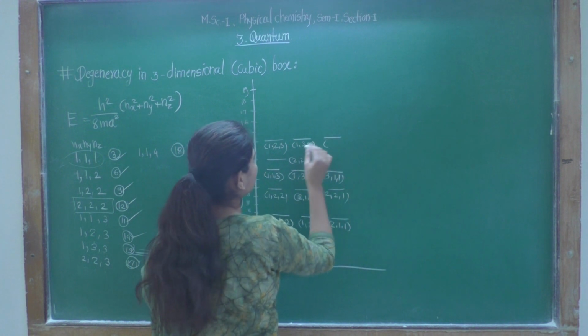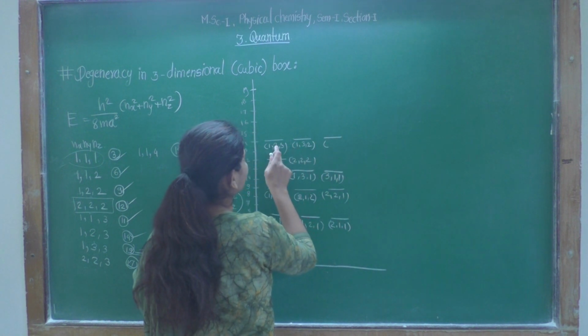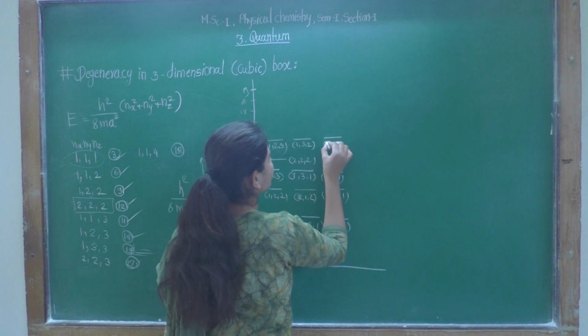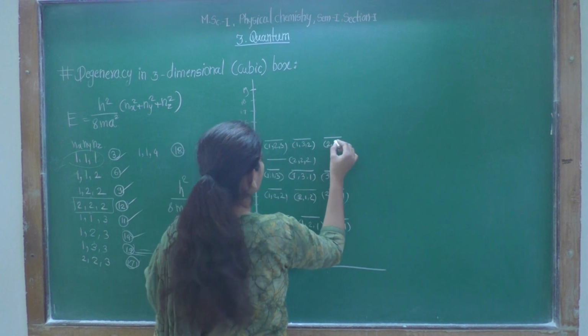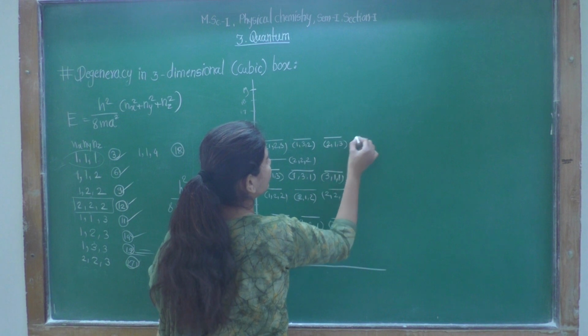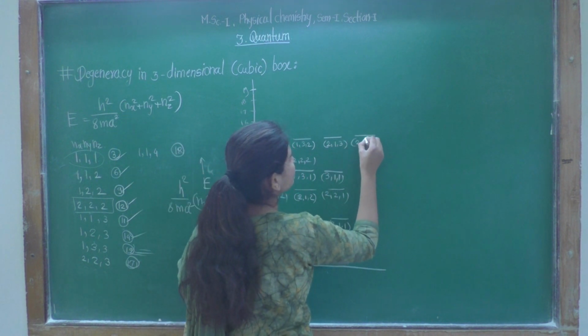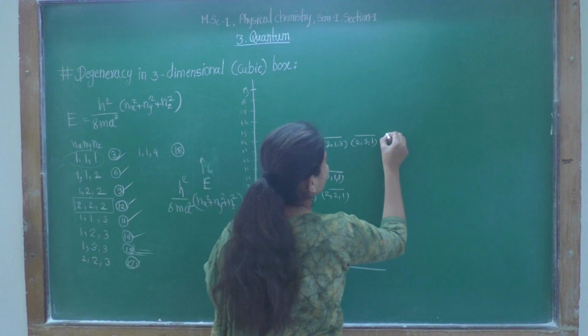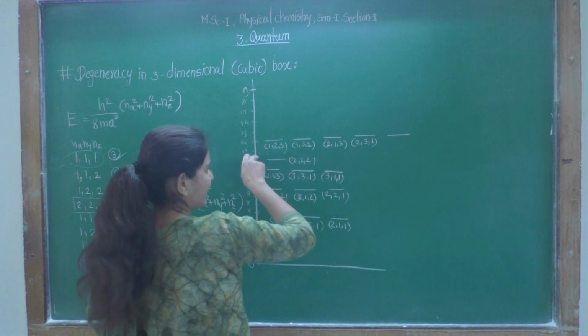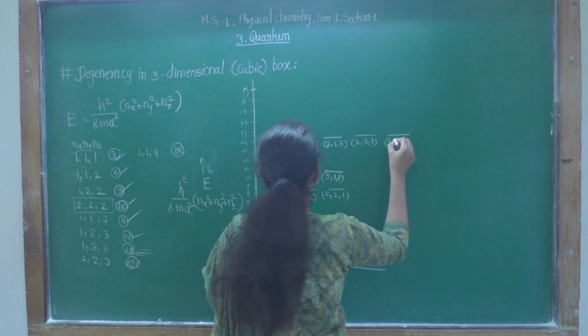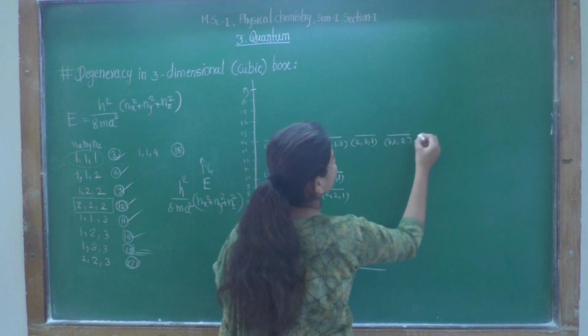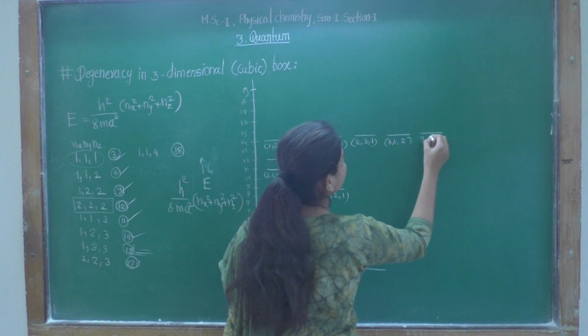Next, let's take 2 in front, 2 1 3. Again let's recombine this, 2 3 1. Now let's take 3 in front, 3 then 1 2. Again we can recombine this, 3 2 1.